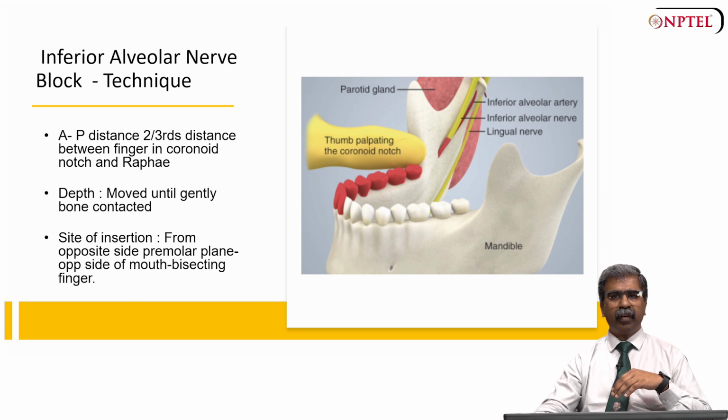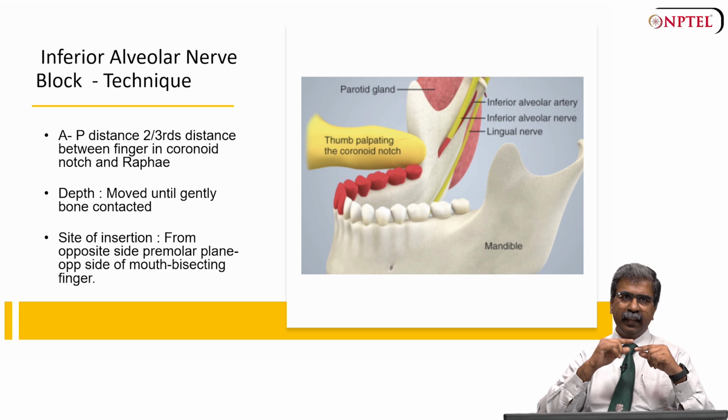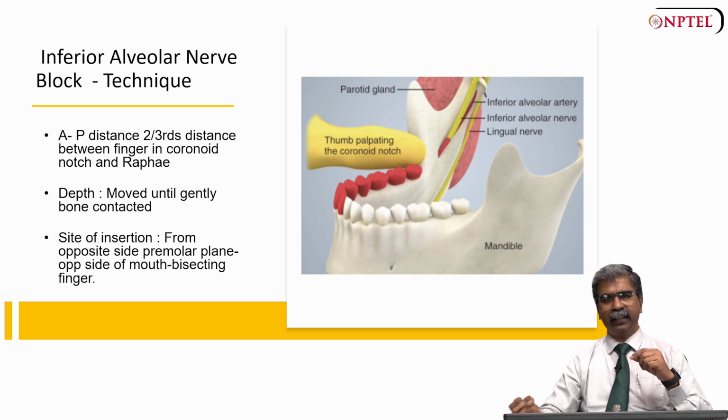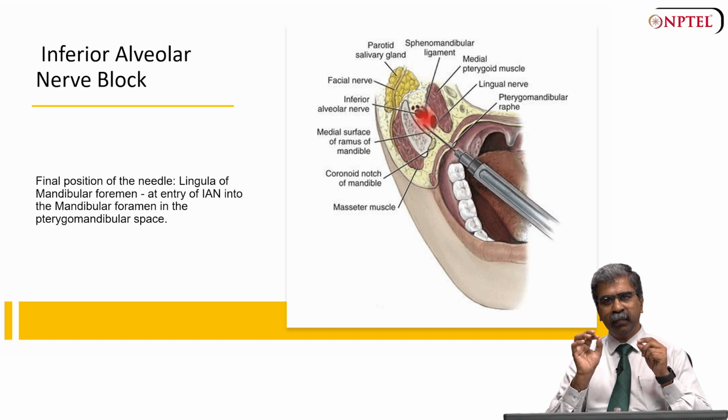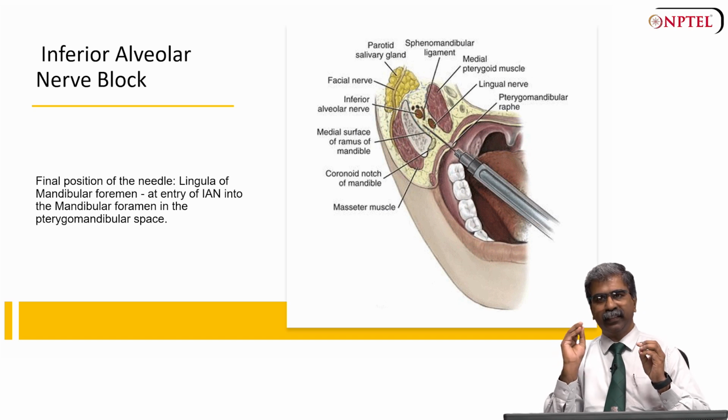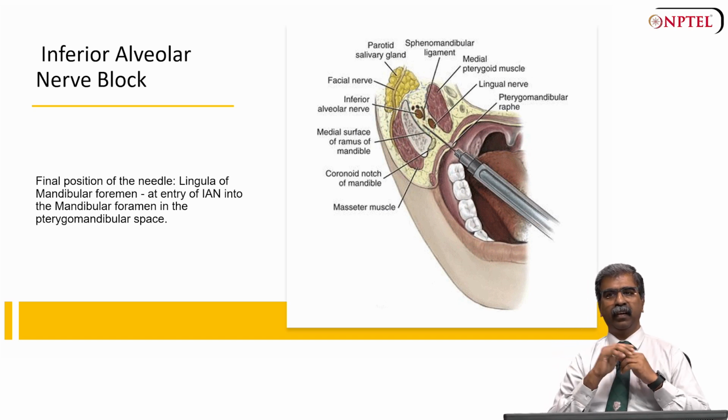And from the opposite side, premolar, bisecting the finger, place the needle. The final position of the needle will be exactly near the lingula of the mandibular foramen, which is the bony projection at the entrance of the inferior alveolar nerve into the mandibular foramen.